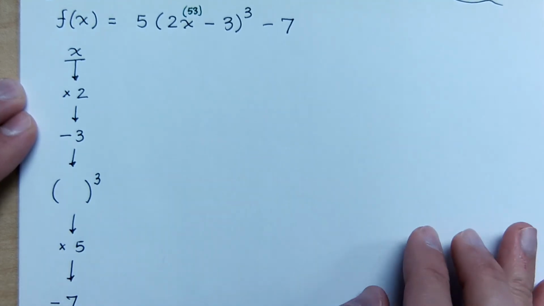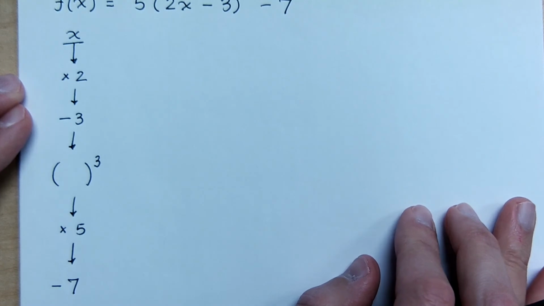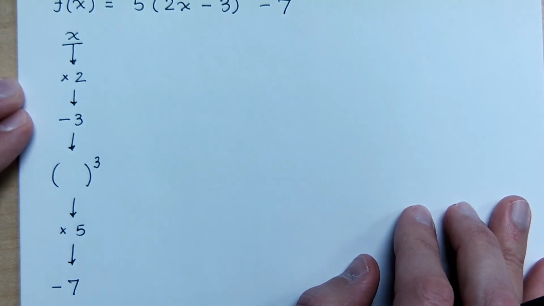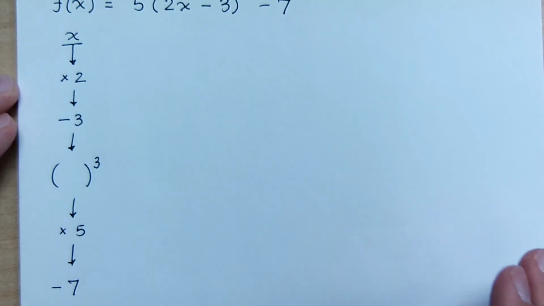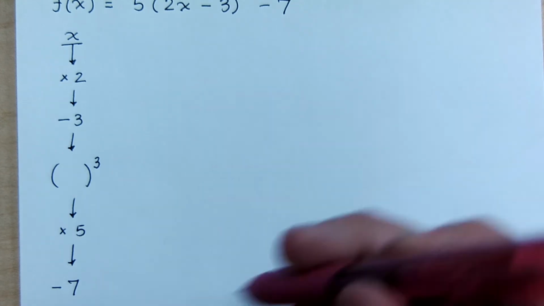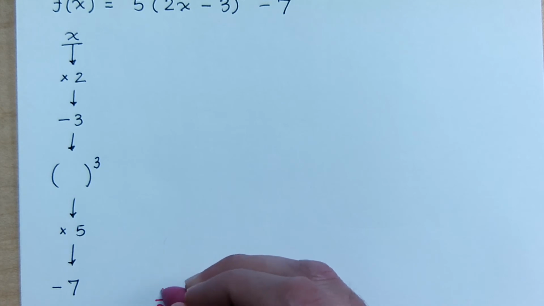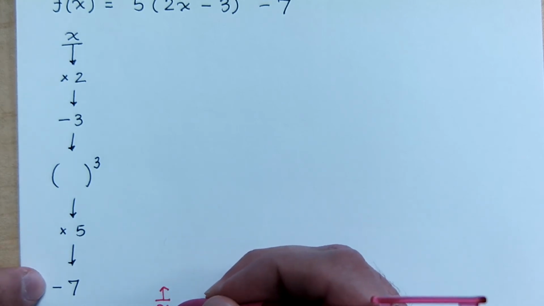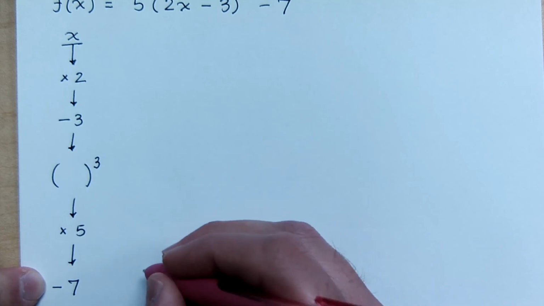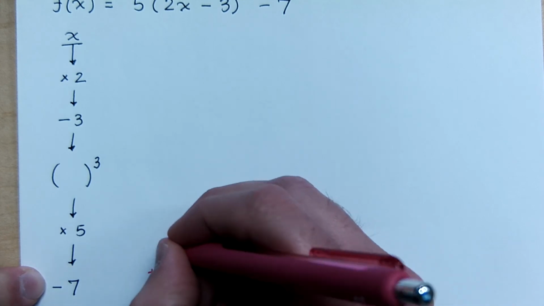Do y'all agree? These are the steps that you have to take for your function, which means your inverse has to go the other direction, and it takes these guys one at a time and it undoes them. What's the inverse of minus 7? You'd have to add 7 first, and then what?